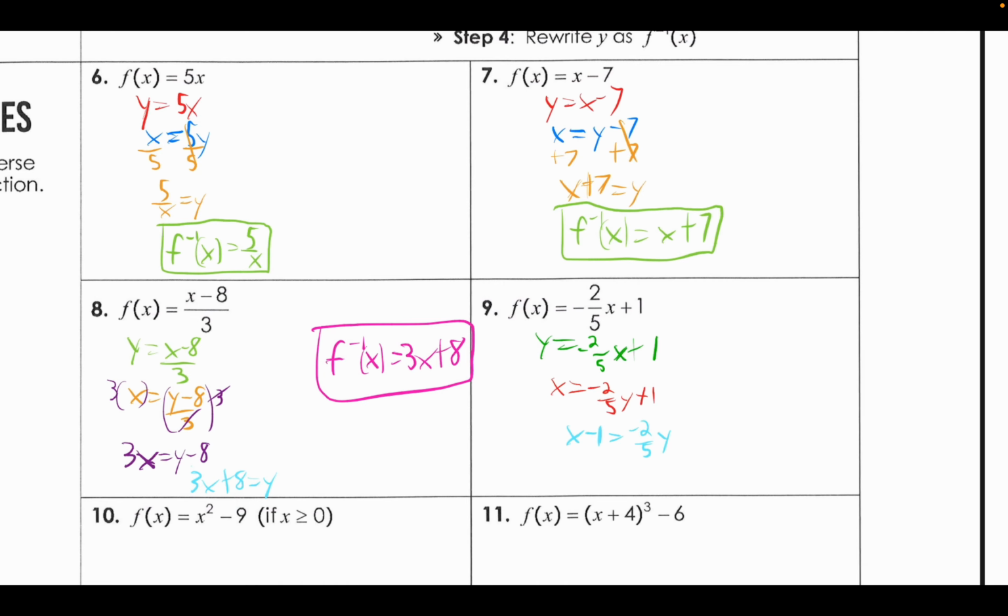And then I'll multiply both sides by -5/2, the reciprocal. And I'll distribute that on the left side, so I'll get -5/2 x plus 5/2 equals y. And so I'll have f inverse of x equals -5/2 x plus 5/2.